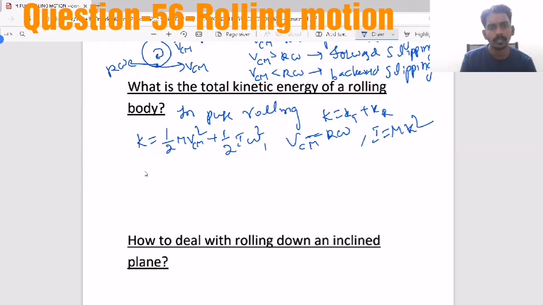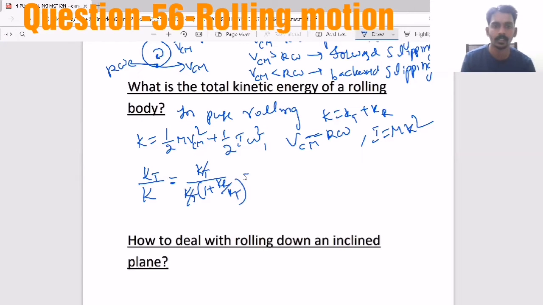Now, sometimes they will ask fraction of total energy equal to translational energy. Then you have to take the ratio. See, it is like KT by K. So in KT, if you take common, 1 plus KR by KT.